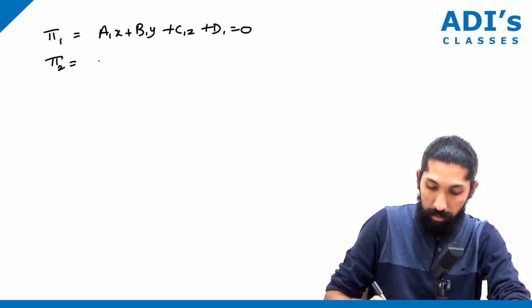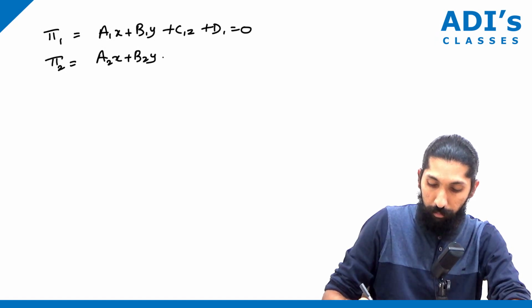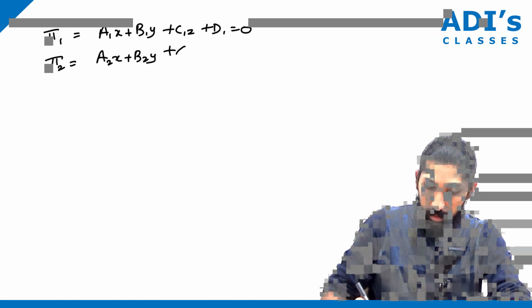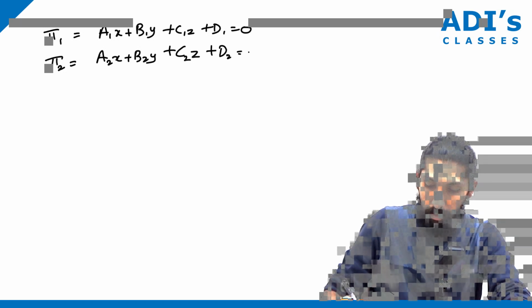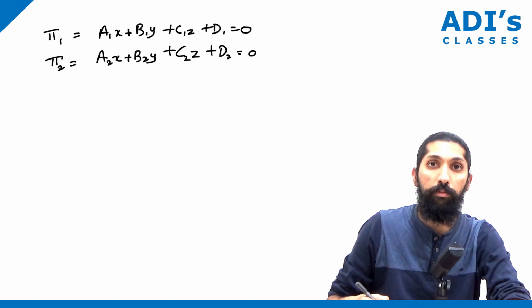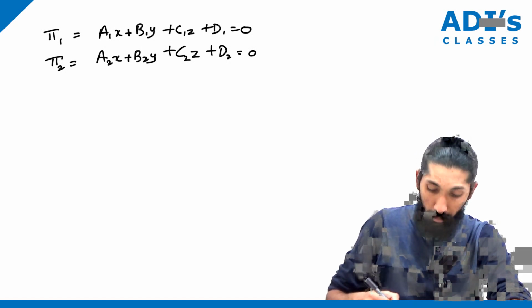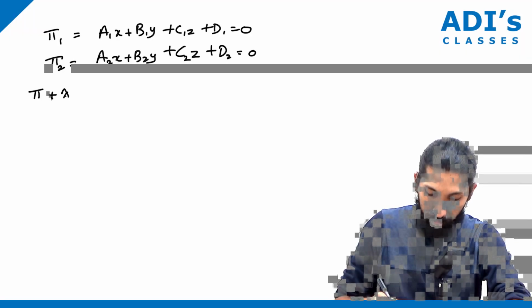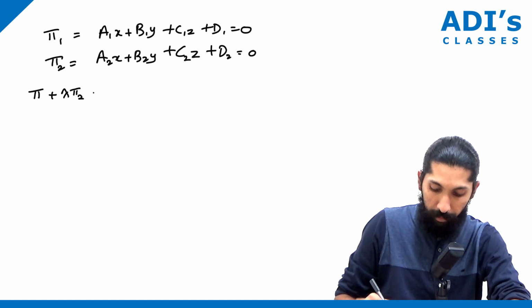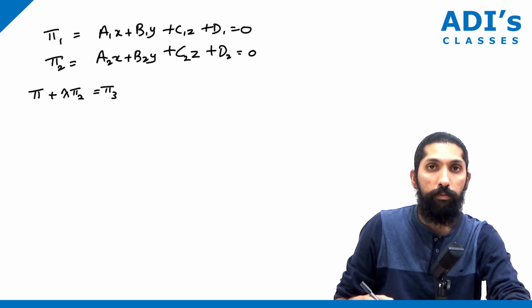And say pi 2 is a2x plus b2y plus c2z plus d2 is equal to 0. Now what are we doing? We are adding these two, correct? So see how it's going to be pi 1 plus lambda into pi 2. This is the value of pi 3, isn't it? That's what we did in the vector form also.